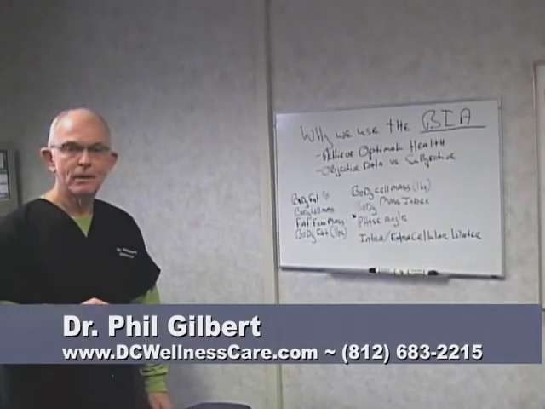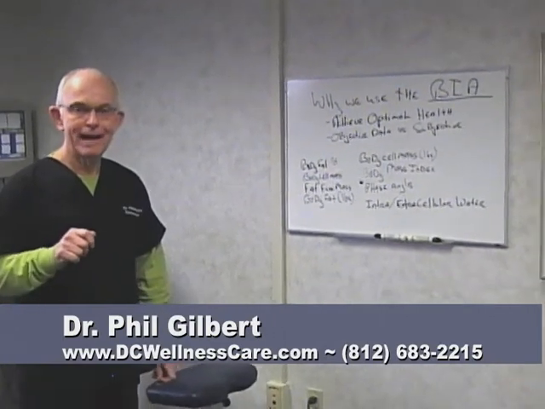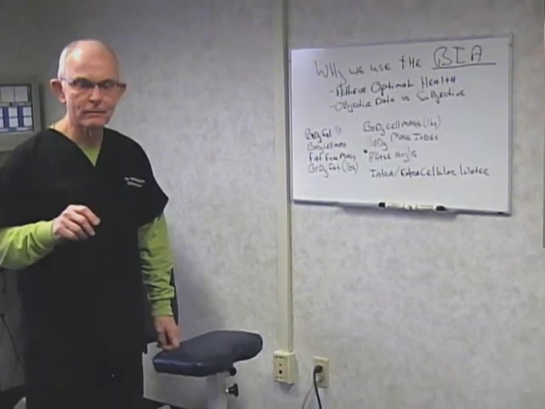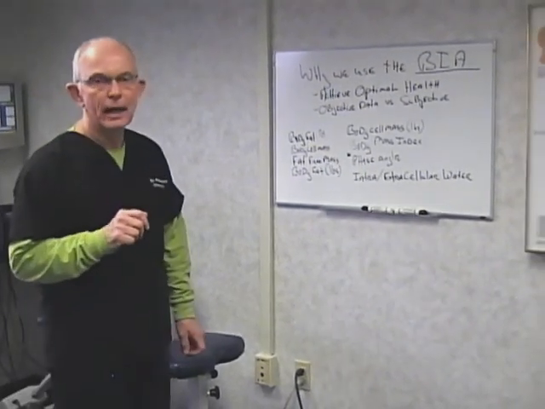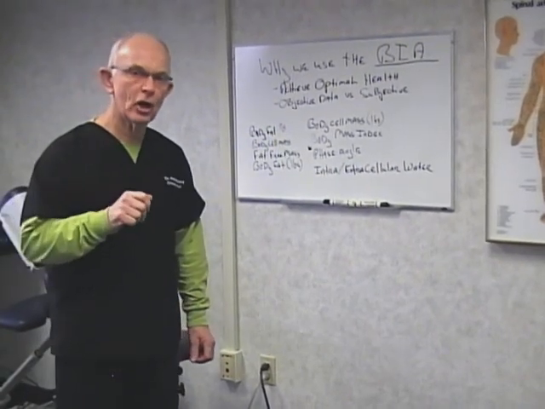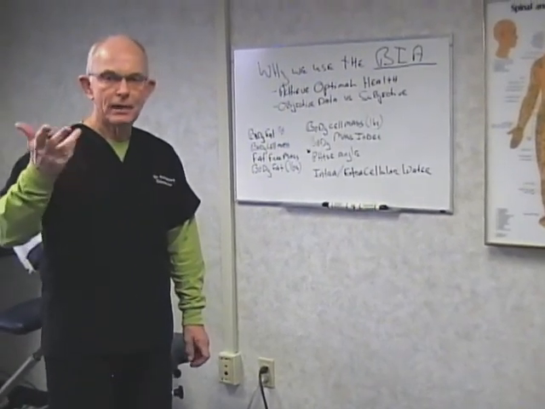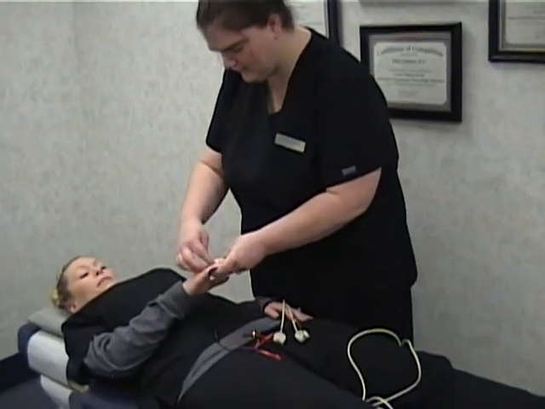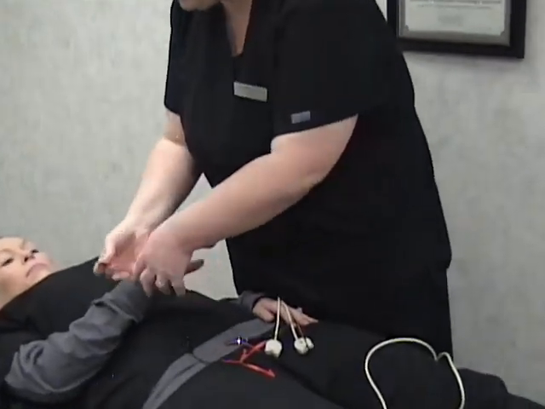Today I'd like to talk to you about bioimpedance analysis. This is a test that we do, and it's very objective, not subjective, to determine how healthy the cells of the human body are. Today, as an example, you'll see the video of the placement of two electrodes on the foot and two electrodes on the hand.